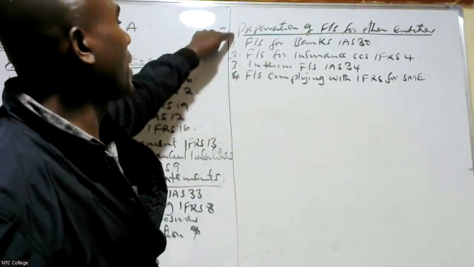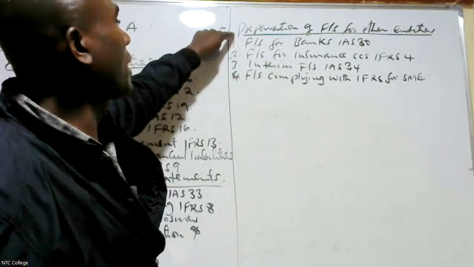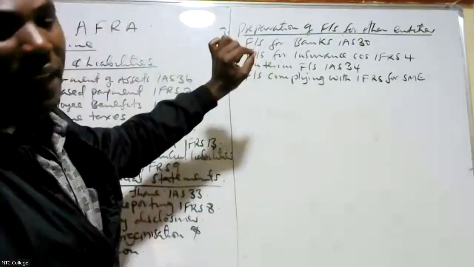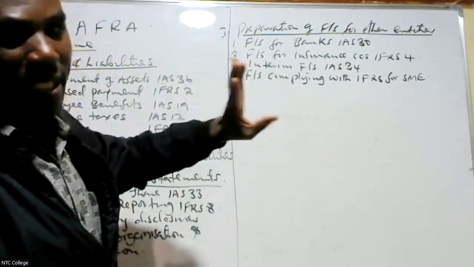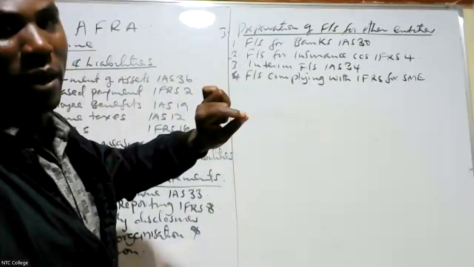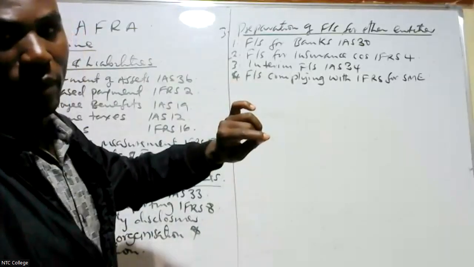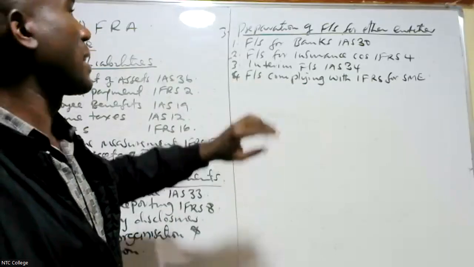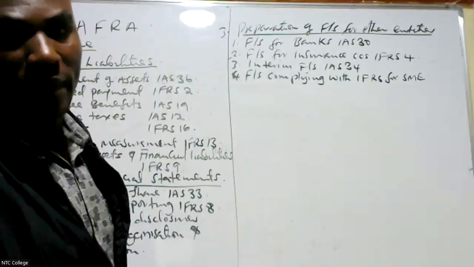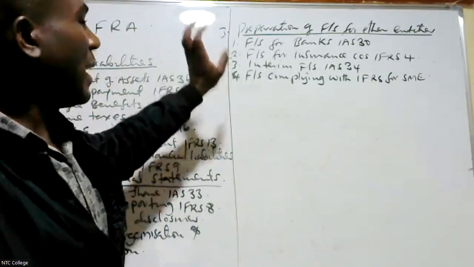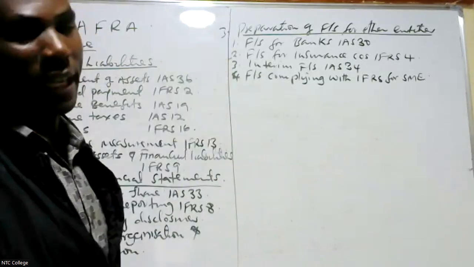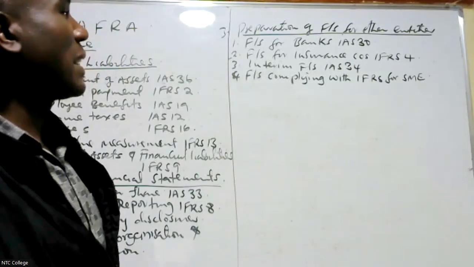Therefore, here I said topic number 3 is preparation of financial statement for other entities. Under this one, number 1, financial statement for a bank, we discuss it under IAS 30. Number 2, financial statement for insurance companies, IFRS 4. Then number 3, interim financial statement, IAS 34.